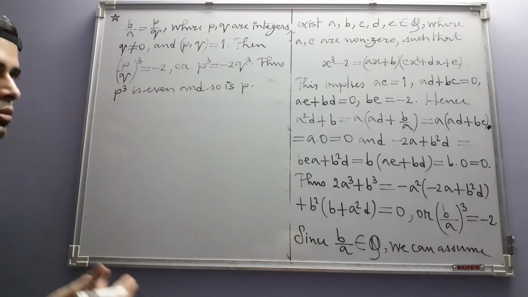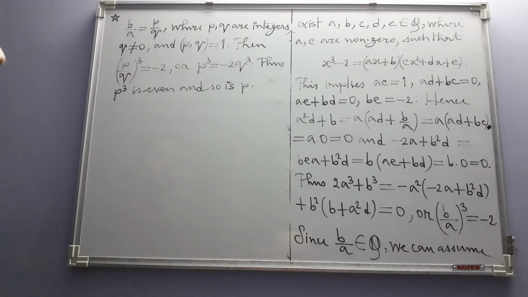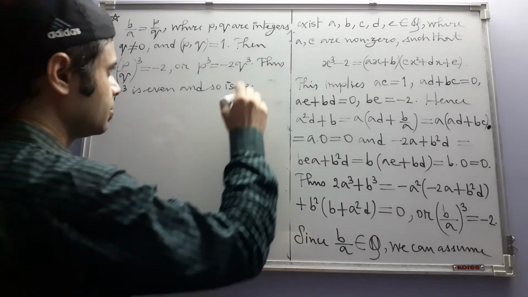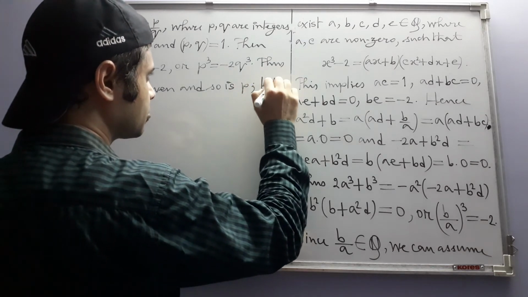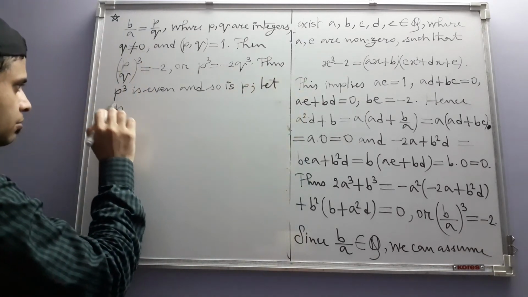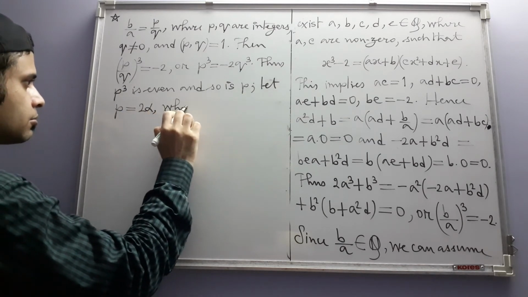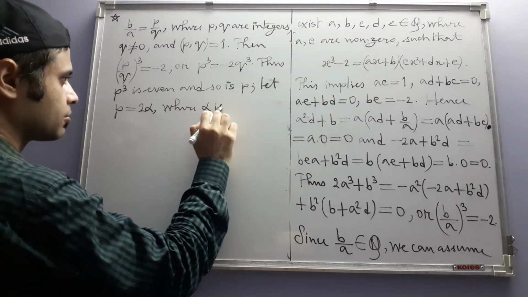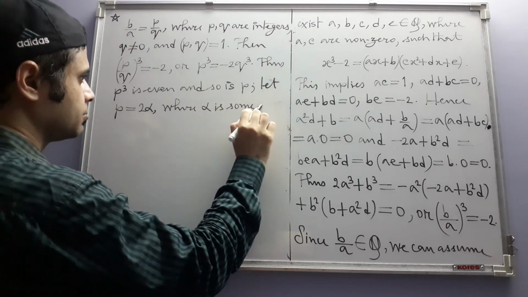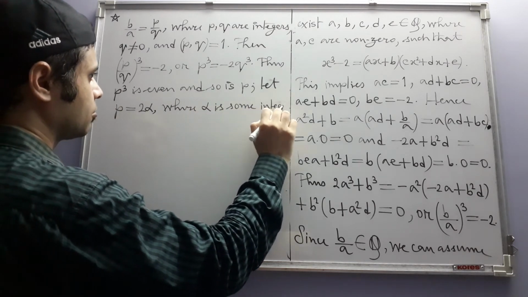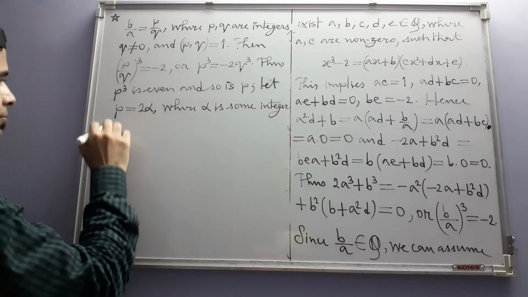Now you know why p has to also be even. The cube of an odd integer is odd. So let p be equal to 2 alpha, where alpha is some integer.